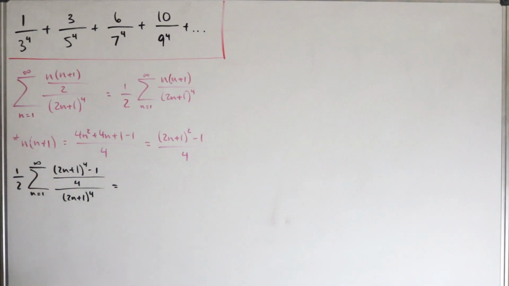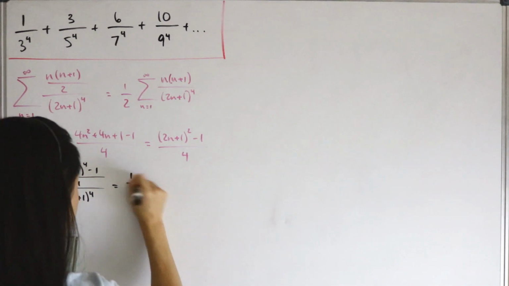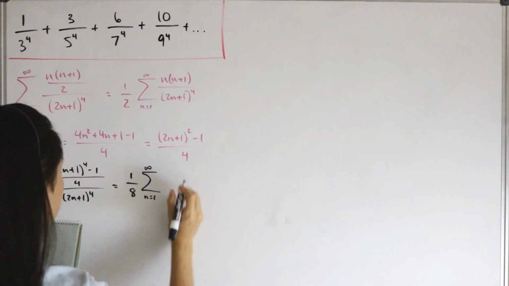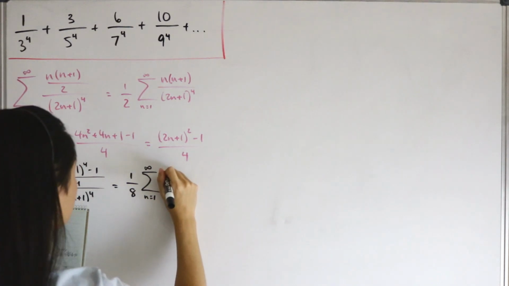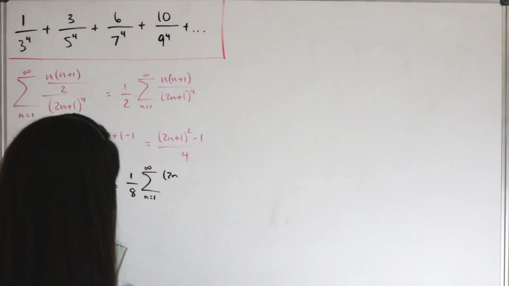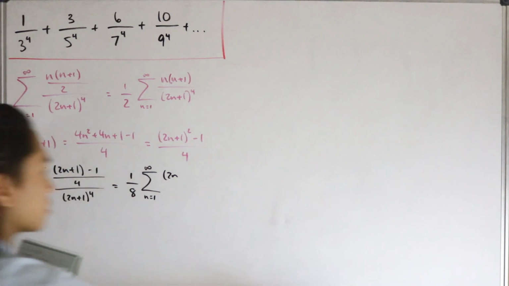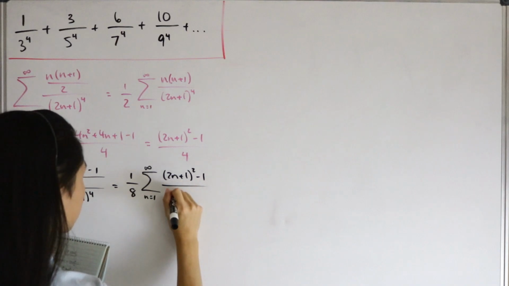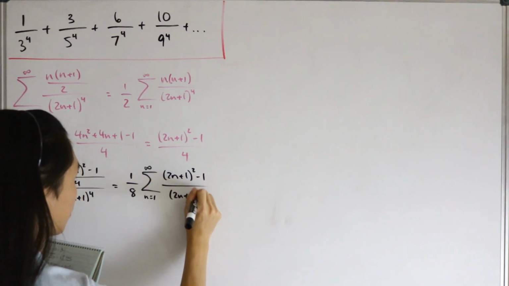We can simplify things even further by factoring out the 1/4. So I have 1 divided by 8 of our infinite sum, n equals 1, of 2n plus 1 quantity squared, subtract 1, and then all this divided by 2n plus 1 to the power 4. That has to be a square over there, my mistake.